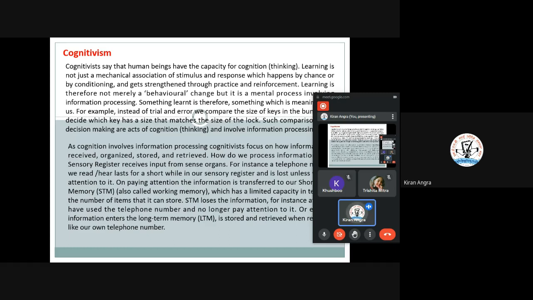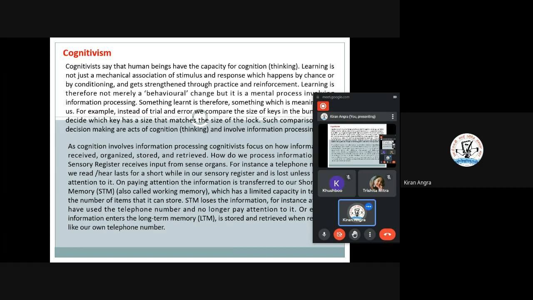Hence they believe that learning is not just a mechanical response of stimulus and response which happens by chance, or a response which happens by conditioning and gets strengthened through practice and reinforcement. Learning is therefore not merely a behavioral change, but it is a mental process.